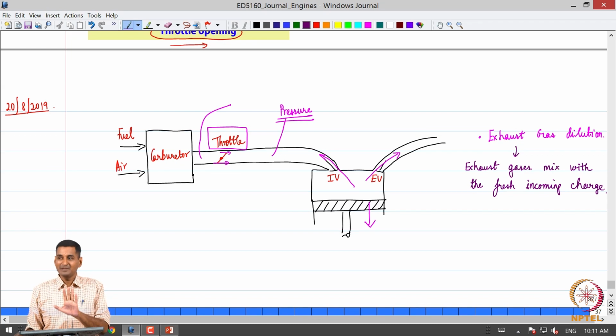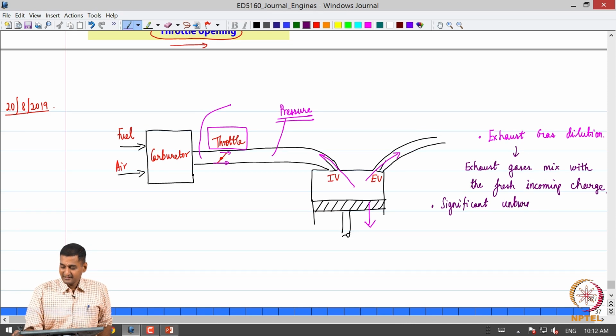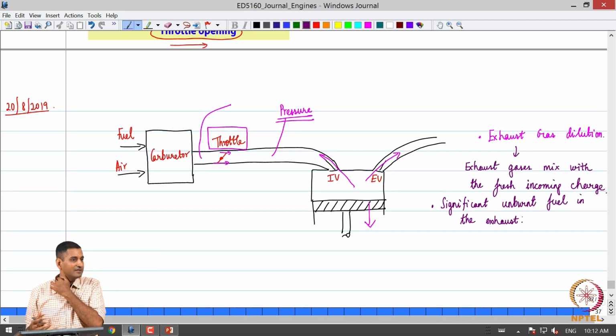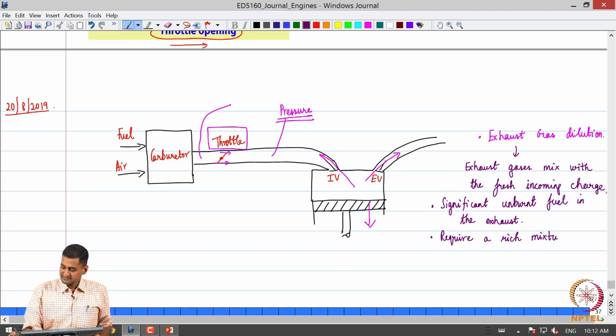So, idling is not beneficial because in idling we are going to have significant unburned fuel in the exhaust. But in order to sustain the combustion process despite exhaust gas dilution, we require a rich mixture.